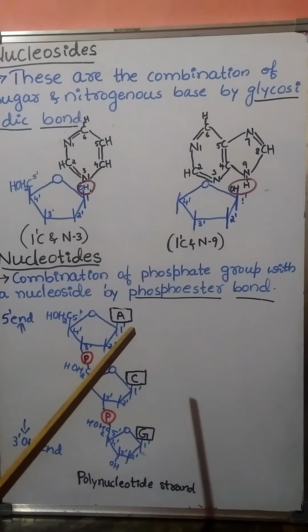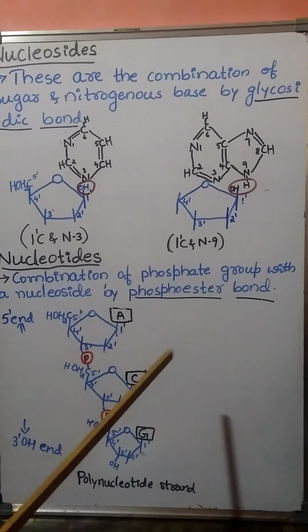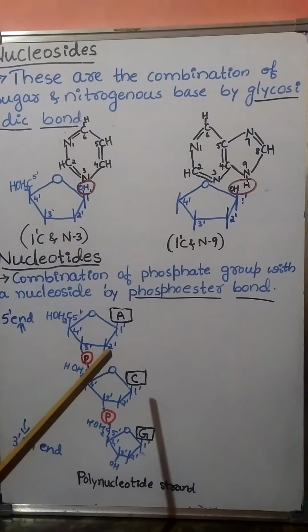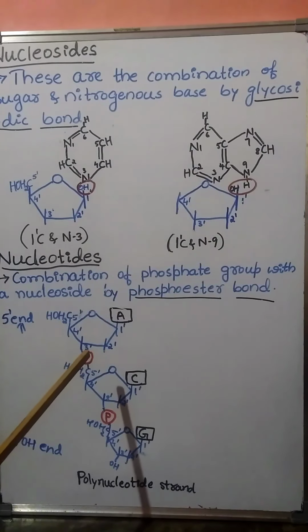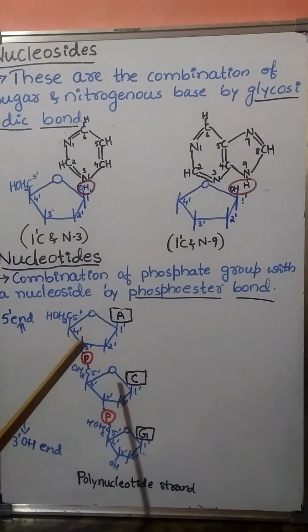Then deoxyguanylic acid. Attachment of a phosphate group to the deoxyguanosine forms deoxyguanylic acid or deoxyguanosine monophosphate. Then deoxycytidylic acid. Attachment of a phosphate group to the deoxycytidine forms deoxycytidylic acid or deoxycytidine monophosphate.